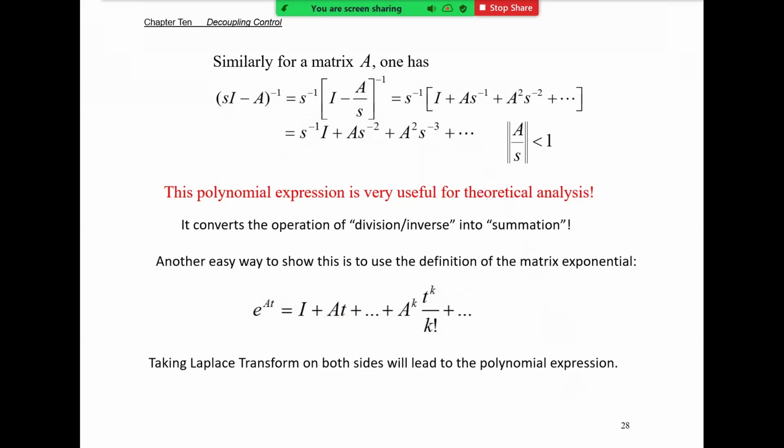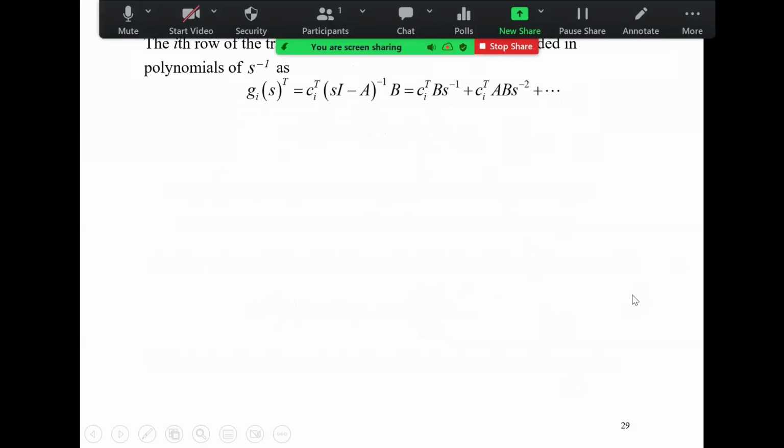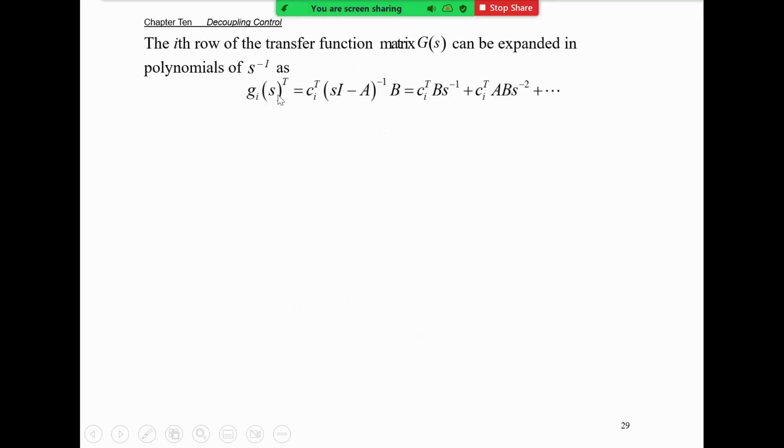With this one, now we can go ahead and express the transfer function matrix as a polynomial of S inverse. So now here, the G_i is C_i transpose times this one, but for this one, (sI minus A) inverse, you replace it by the polynomial of S inverse.